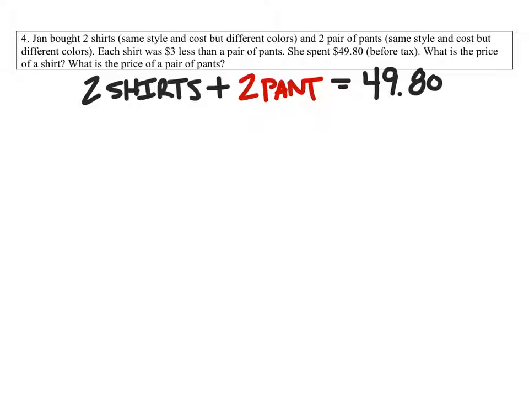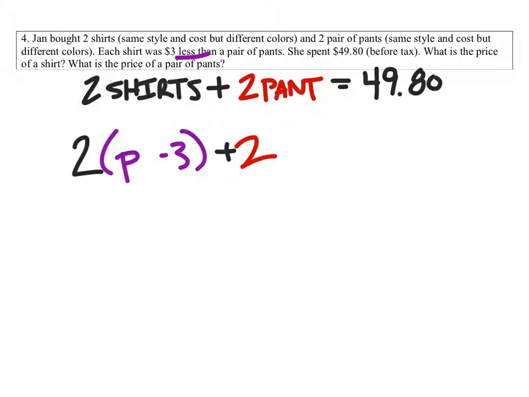So the question is, how much was a shirt? Well, we see up in here, each shirt was $3 less than a pair of pants. So we're going to take a pant and take off $3. Now we're going to add 2 pants. That's a P. Let me take that back. That's better. And this equals $49.80.